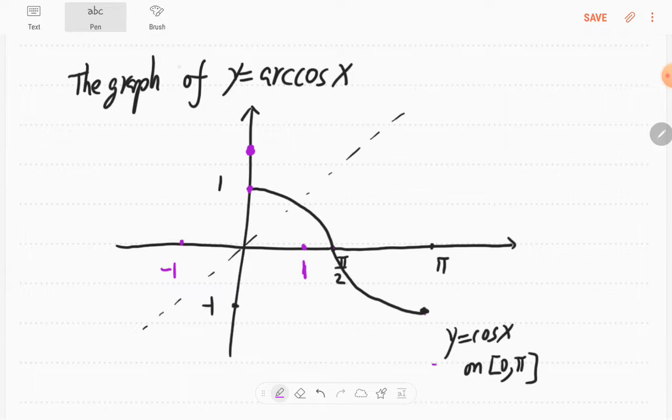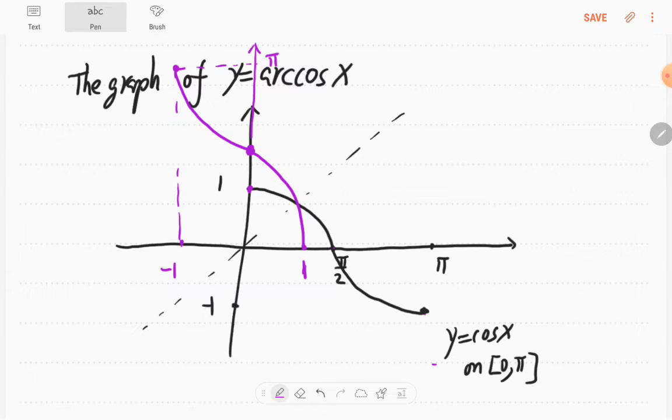So the curve will look like this. If you extend this y-axis, this is corresponding to pi. And here is -1, right?